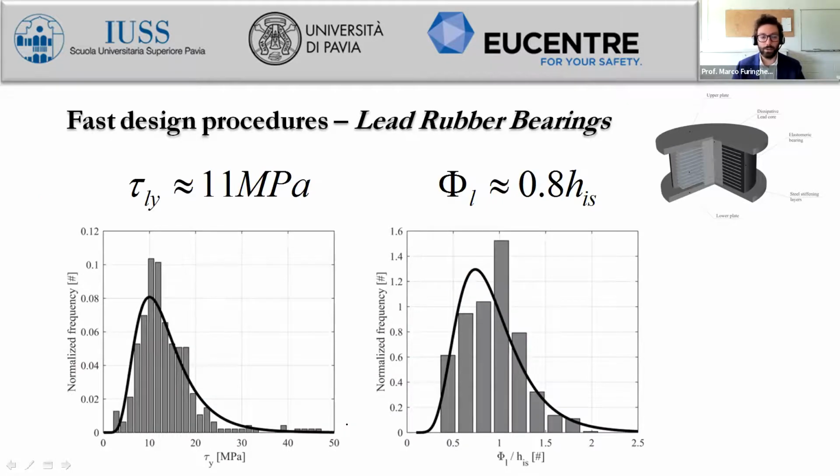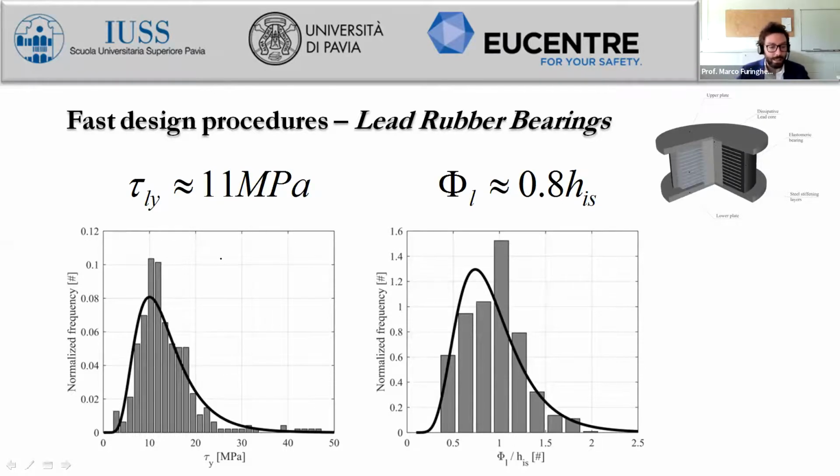Relating to the shear stress, this is the same study of the bilinear constitutive law, the nonlinear best fit of the bilinear constitutive law considered for all the tests that we have performed here in Pavia.